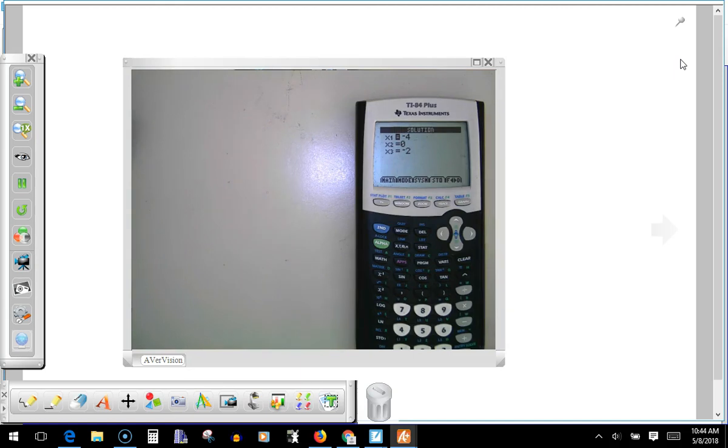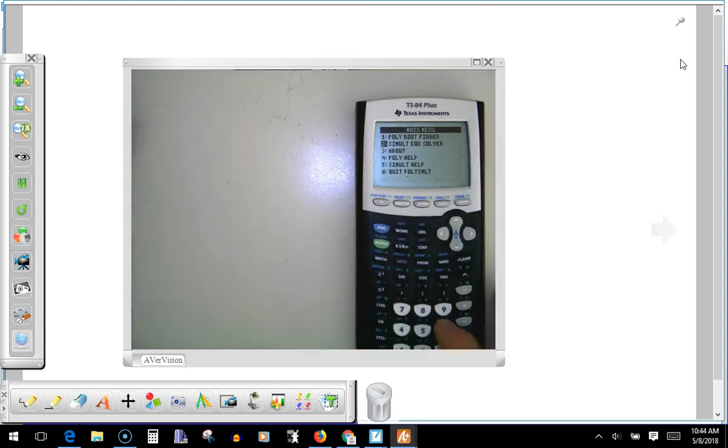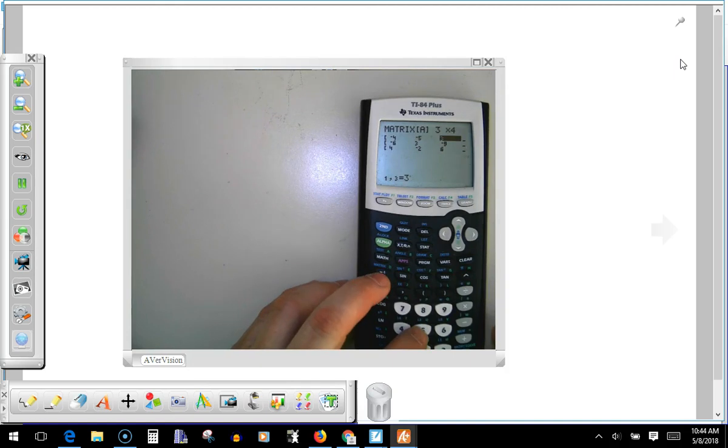Now, for those of you who like the older, longer way, real quickly, go into Matrix, quit out of here, go into Matrix, go to Edit. Now remember here you have to do a 3x4. And then you put the numbers in again: -4, -5, -1, 18, -2, -5, -2, 12, -2, 5, 2, 4.